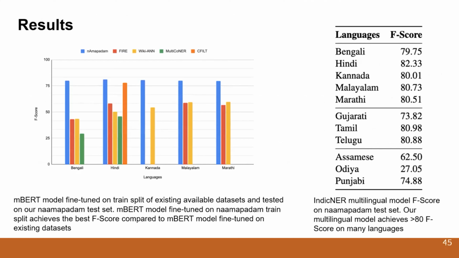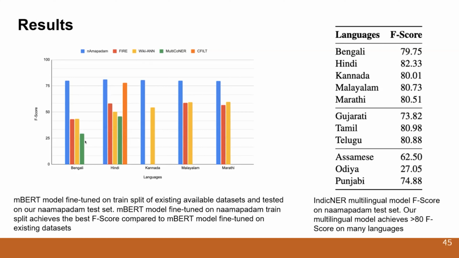Another set of experiments to ensure the quality of the data is good: we fine-tuned the MBERT model on different data sets and evaluated it on the in-house test data which we have created. This graph shows the results. The blue bar represents the MBERT model fine-tuned on the Namapadam dataset and tested on our Namapadam test portion. Similarly, models trained on the FIRE dataset and tested on the test set are indicated by the red bars.